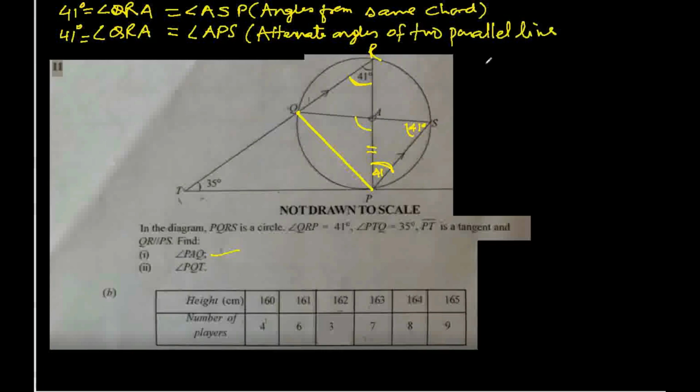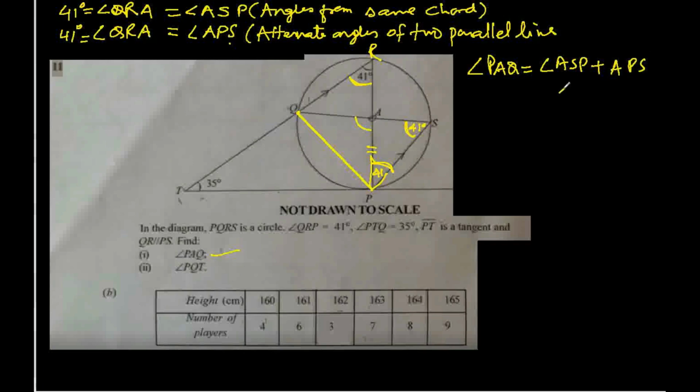So angle PAQ, the one they are asking, will be the sum of this angle, which is ASP, plus this, which is APS.